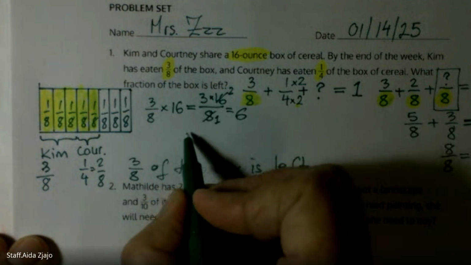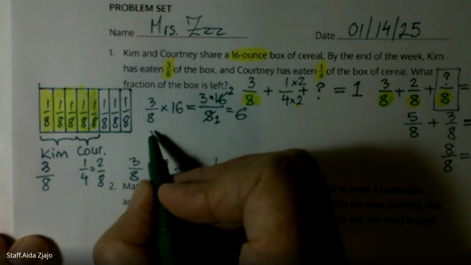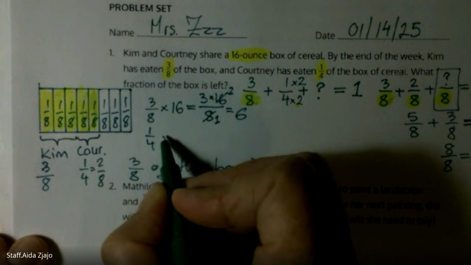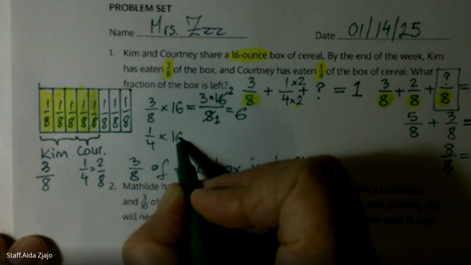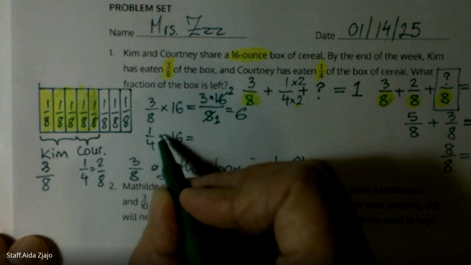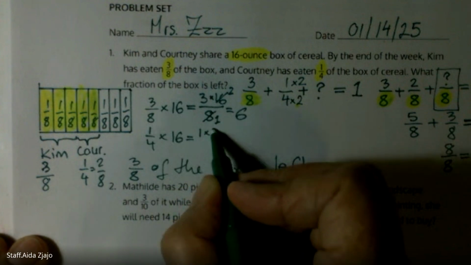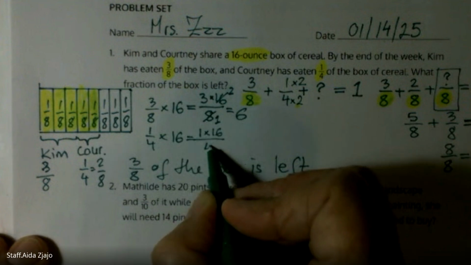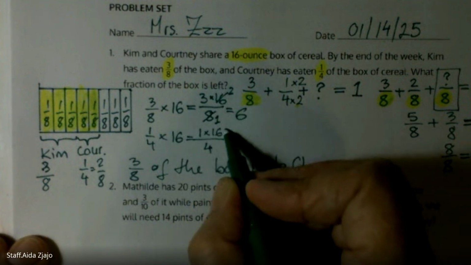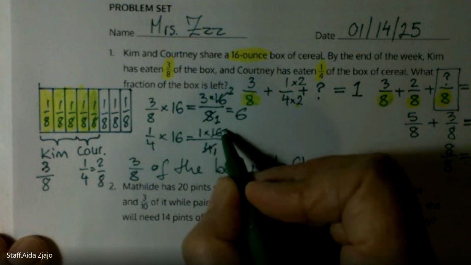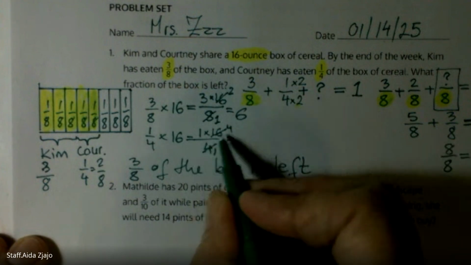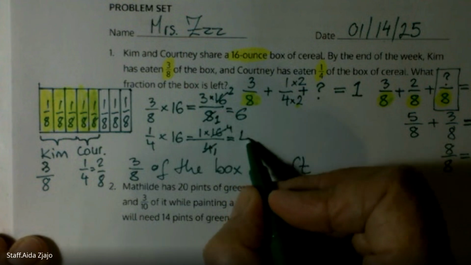And then also you can do what is 1/4 of 16. It's 1 times 16 divided by 4. So now you simplify by dividing by 4, and that is 4.